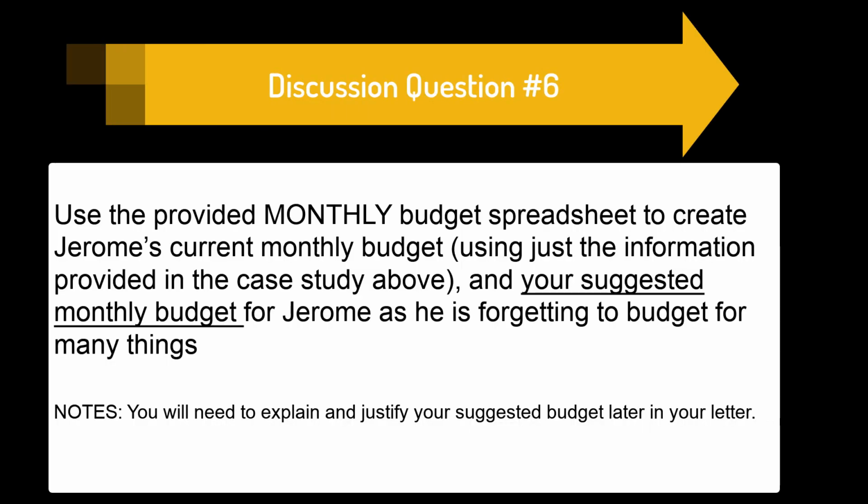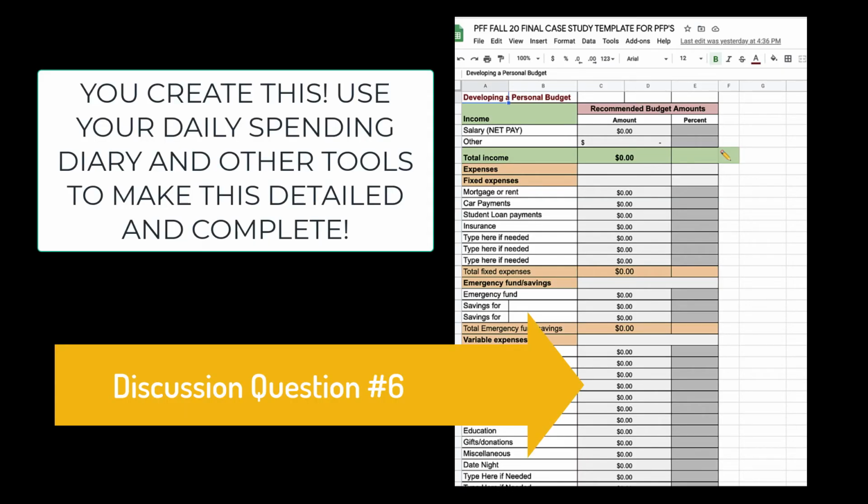Once you have all of the information put together, it's time to create a detailed monthly budget based on all of this material and all of the allocation of monies that Jerome has coming in. So you had your cash flow, you've made a few decisions, and now that you just finished your daily spending diary paper and tracking your own daily spending, think of some other categories that Jerome is probably allocating money to, but yet just didn't give you that information.